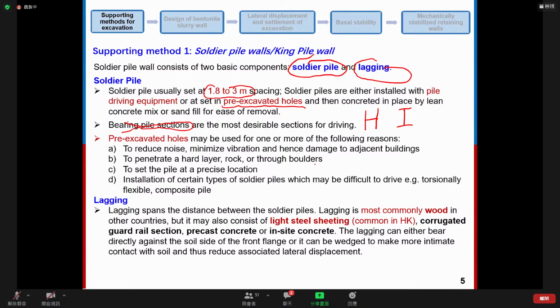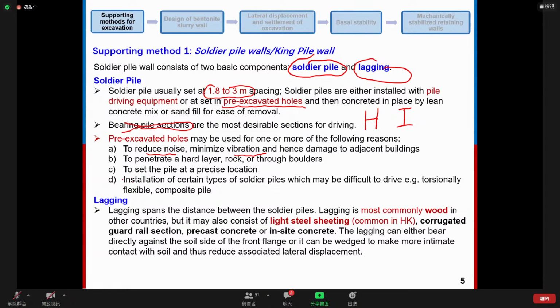So pre-excavated hole method is not very commonly used, but it can be used for some reasons. For example, if you want to reduce the noise or minimize the vibration, which may damage the adjacent buildings, we will try to have pre-excavated holes, and then we install the soldier pile inside the holes.